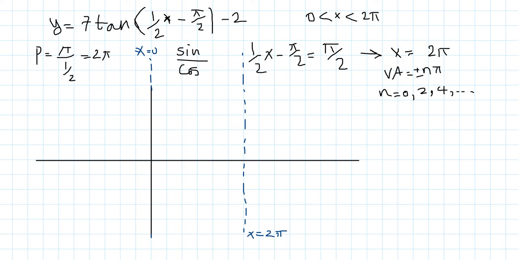And I know tan has the factor of positive, so I can draw its shape easily. But it should pass through a point where y would be 0. Y cannot be 0 because I have here a shift of minus 2 on y. So the bracket should be equal to 0, tan of the bracket is 0.